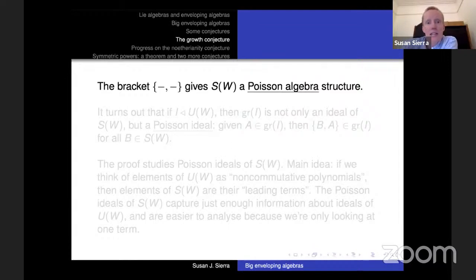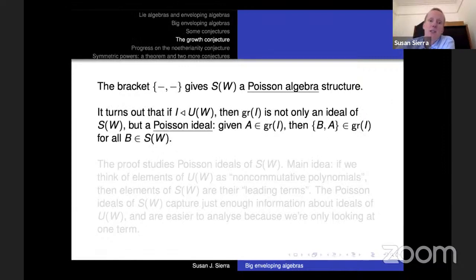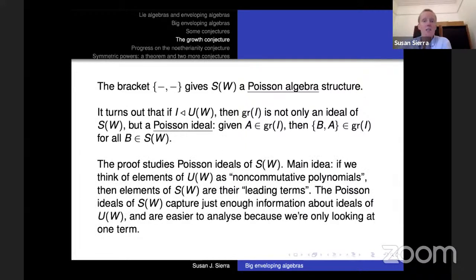And it turns out that if I have a two-sided ideal I of U of W, then gr of I is not only an ideal of S of W, but it's a Poisson ideal. In other words, it's closed under bracketing with arbitrary elements of the Poisson algebra. So the idea of proving the growth theorem, that proper factors of U of W have polynomial growth, is let's make it easier by proving it for Poisson ideals of the symmetric algebra.